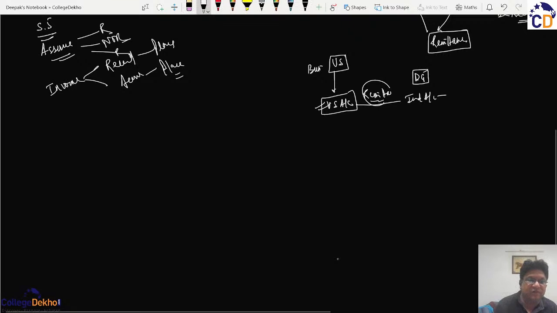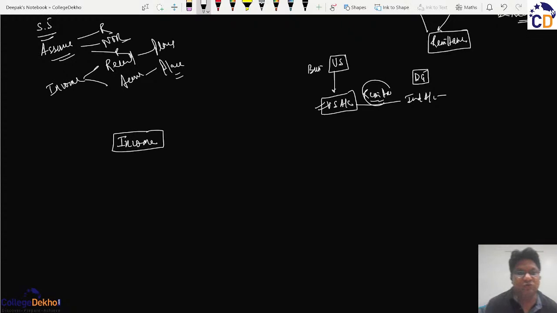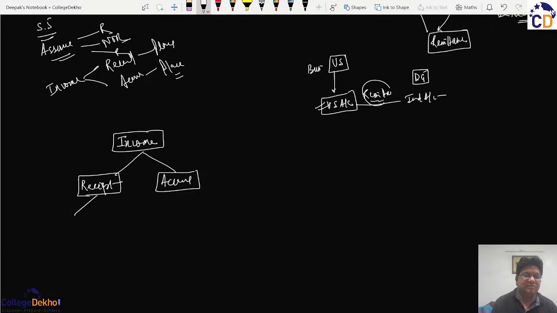Because income tax is a central act, we are not concerned about the state. Broadly speaking, two things are important for an income: the receipt, directly or indirectly, and the accrual, which could also be direct or indirect. Receipt could be in India or outside India.